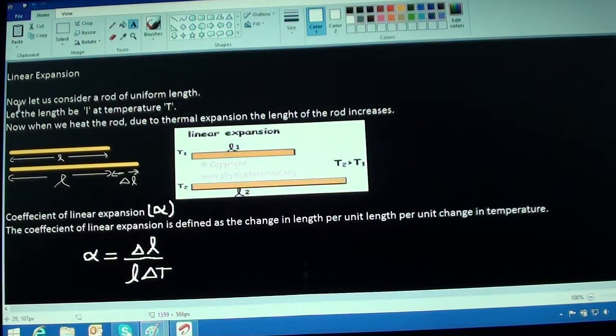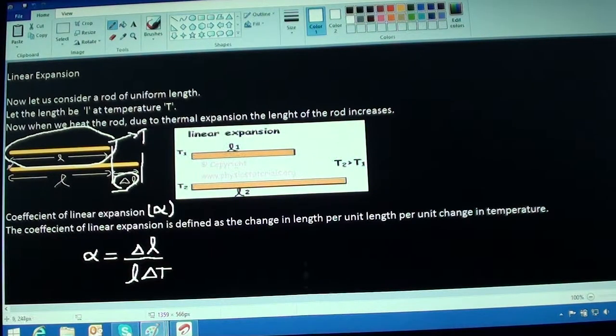Now linear expansion. In linear expansion, there is an increase in the length of the solid. Let us consider a rod of uniform length L at temperature T. After heating, this rod increases its length by delta L due to thermal expansion.